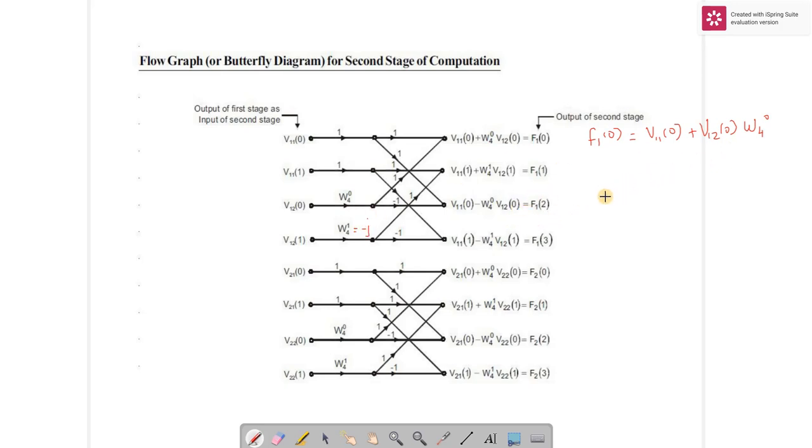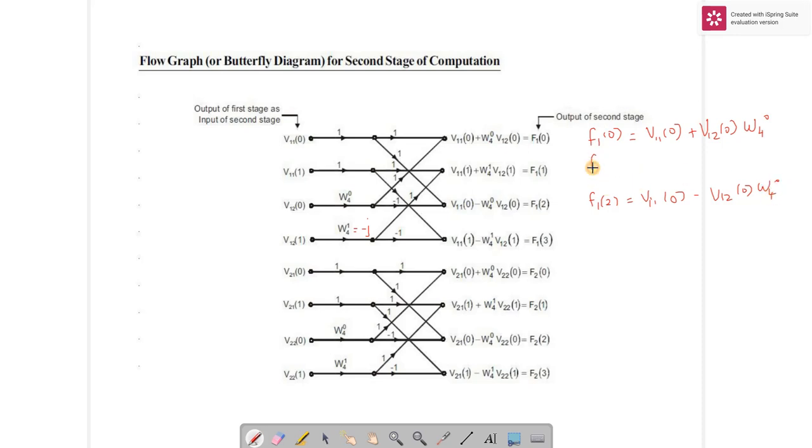The subtracted answer will be like this: F1 of 2 is equal to v11 of 0 minus v12 of 0 W4 power 0.